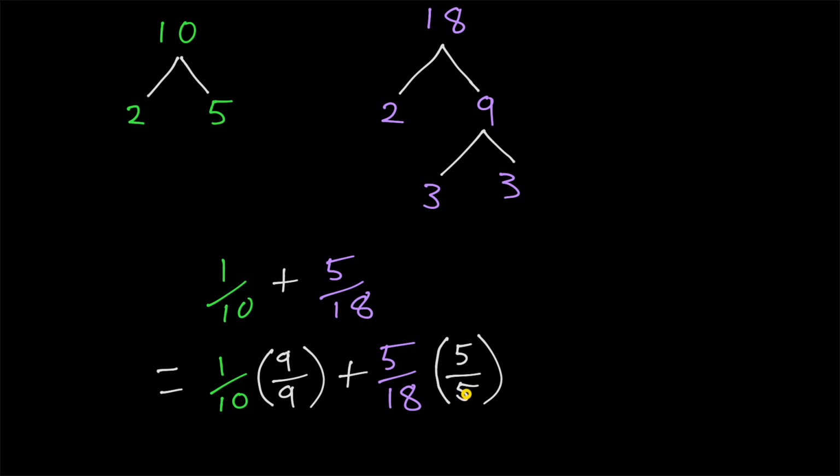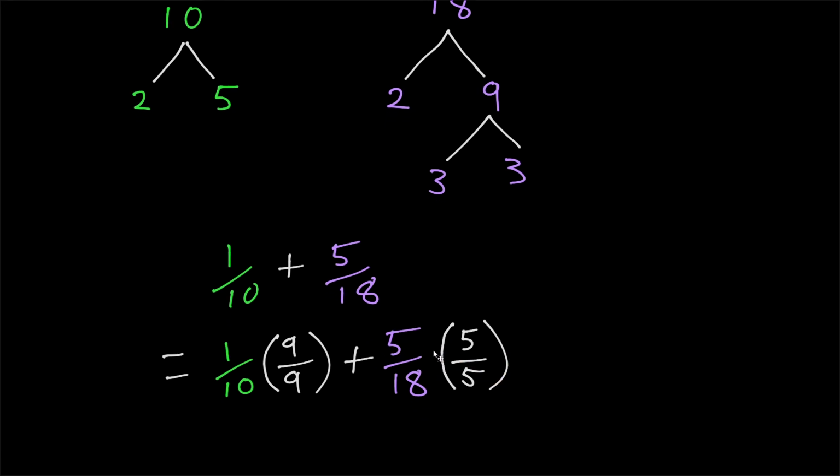And again, 5 over 5 is equal to 1, because any number divided by itself is just equal to 1. And 5 over 18 times 1 is still equal to 5 over 18. So I hope it's obvious that 1 over 10 plus 5 over 18 is equal to 1 over 10 times 1 plus 5 over 18 times 1, because any number times 1 is just equal to itself.